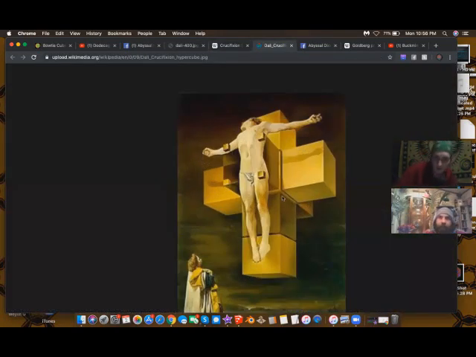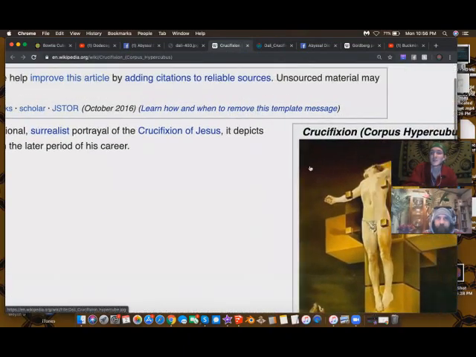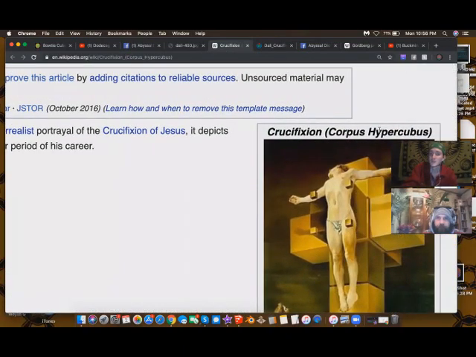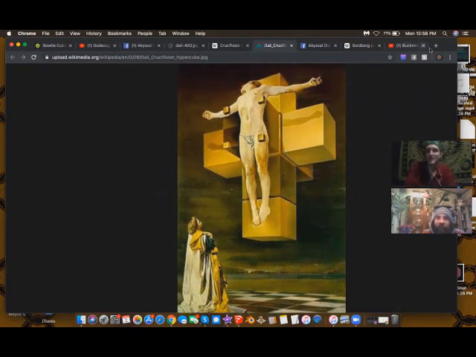Okay, yeah, this is the Crucifixion, Corpus Hypercubus, made by Salvador Dali. It takes a hypercube and shows Christ on the hypercube being crucified. But it's weird, the way he's hung. Like, look at that.